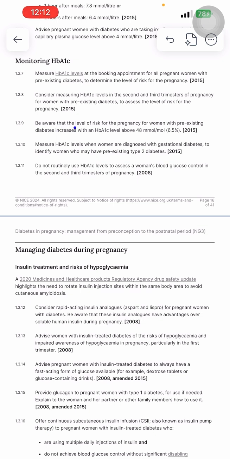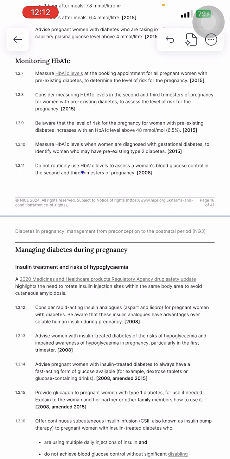Be aware that the level of risk for pregnancy for all women with pre-existing diabetes increases with an HbA1c level above 6.5%. Measure HbA1c level when a woman is diagnosed with gestational diabetes mellitus to identify women who may have pre-existing type 2 diabetes mellitus. So they say that for those diagnosed with diabetes mellitus, a baseline HbA1c should be done, as there may be pre-existing type 2 diabetes mellitus in that patient.